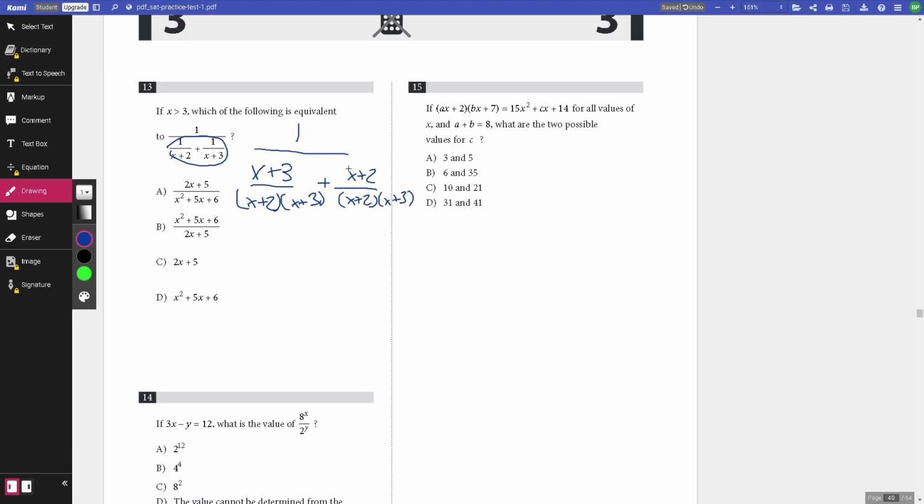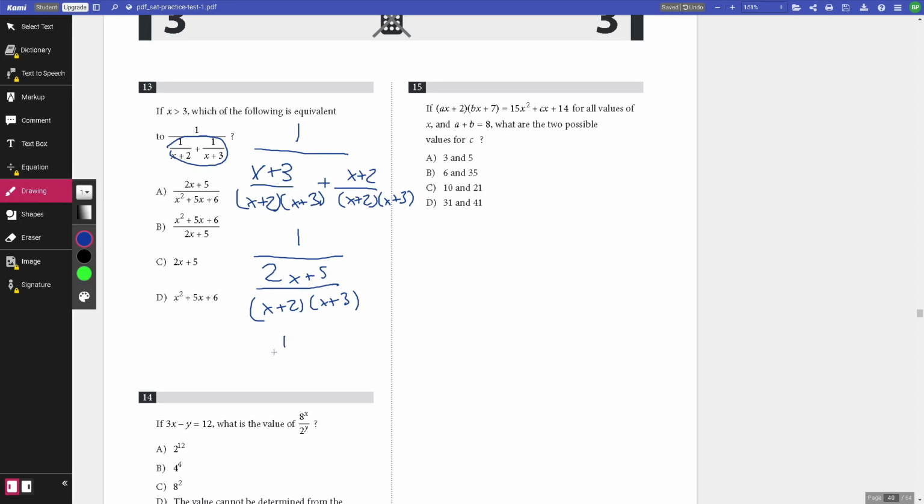So now with common denominators, we can add it together in the bottom here. So adding is pretty simple. Now we simplify.